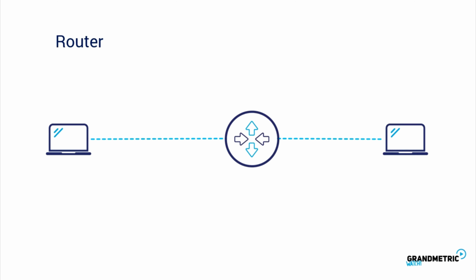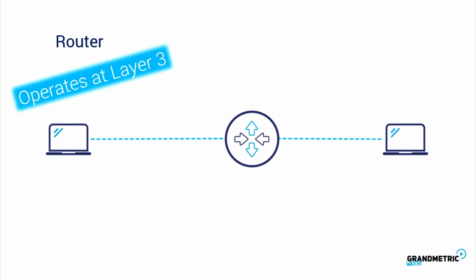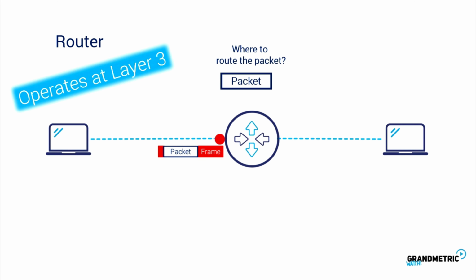A router is another commonly used network device type. Routers play a very important role in small home networks as well as in internet service provider networks. They operate at network layer 3. Communication is based on IP header information. So for a router, the knowledge of where to route is crucial. A router has a piece of memory called the routing table, where it stores all destination addresses and networks.